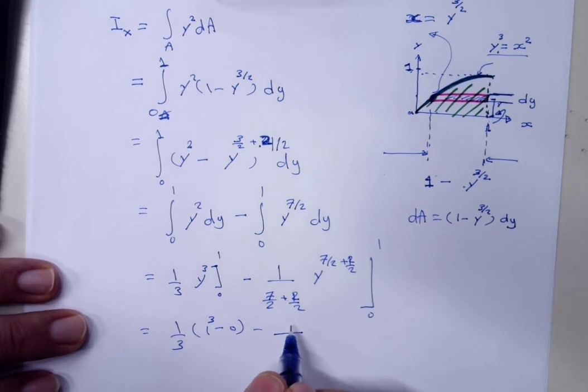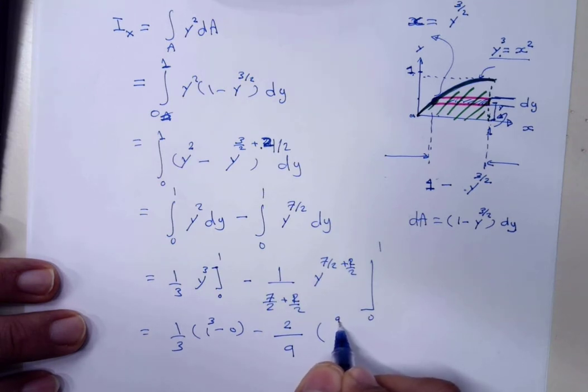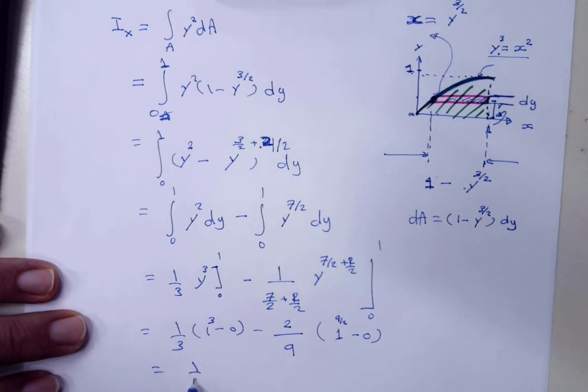So this is 9 over 2, becomes 2 over 9, right? So this is 1 over 3 minus 2 over 9, and that's going to give you 0.111 meter to the power 4. So that's our first moment of inertia about x-axis.